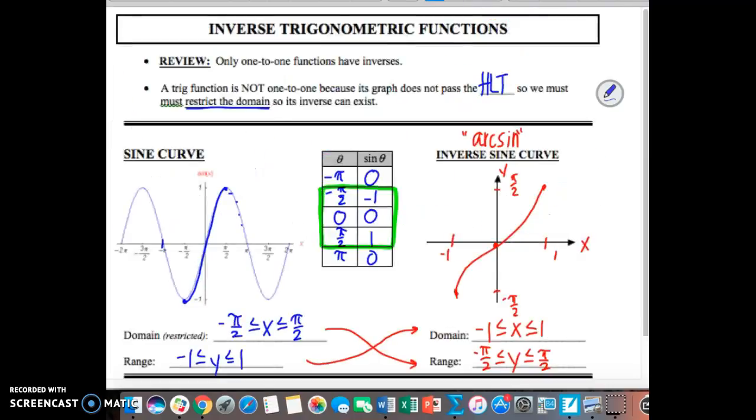Going back to the sine curve, the inverse sine curve will be in quadrant 1 and quadrant 4, because we need a positive and we need a negative, and sine is negative in quadrant 4.